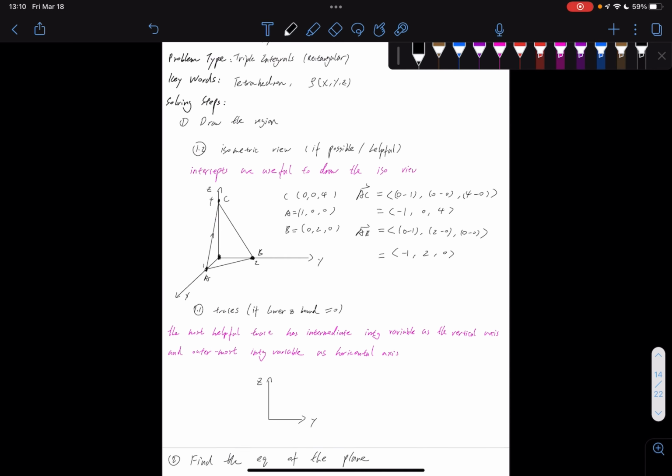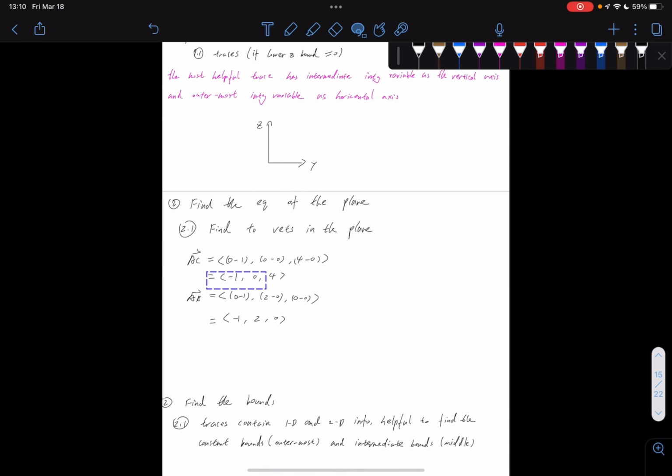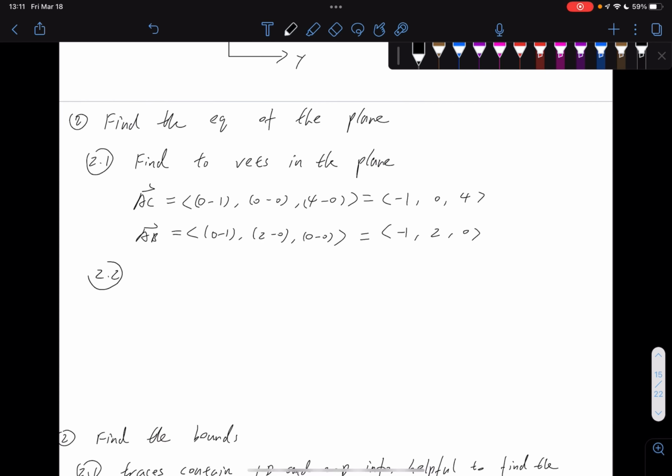In this case, they are AC and AB. And then take the cross product to find the normal vector.